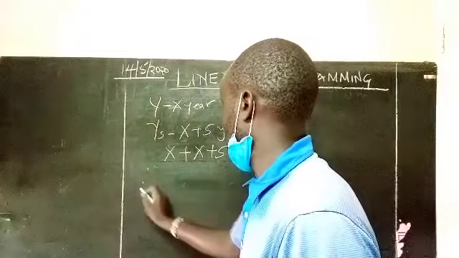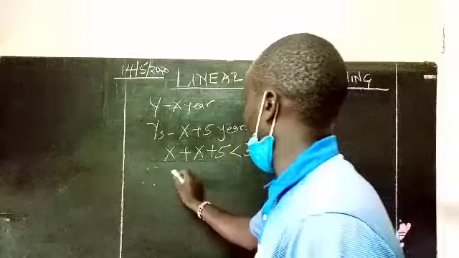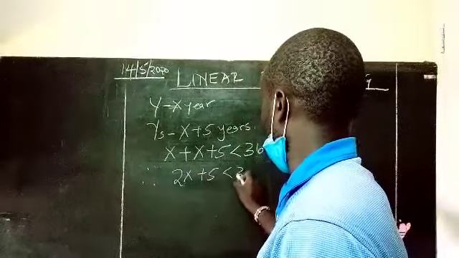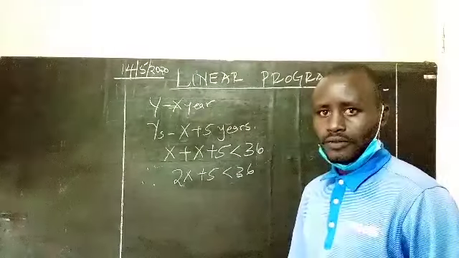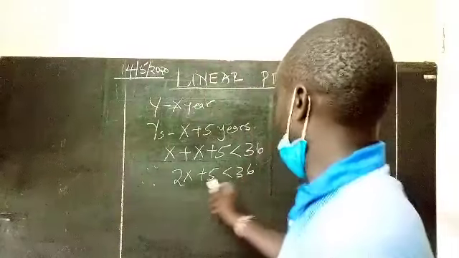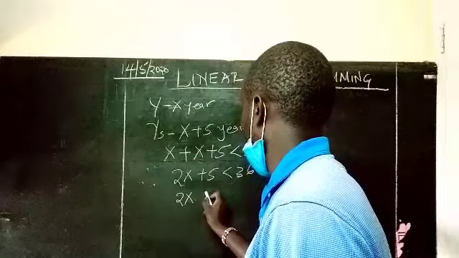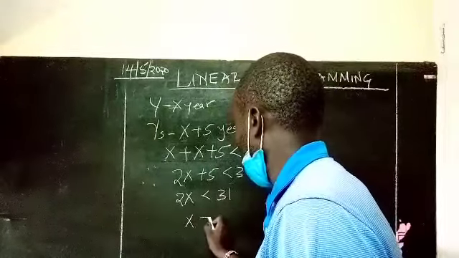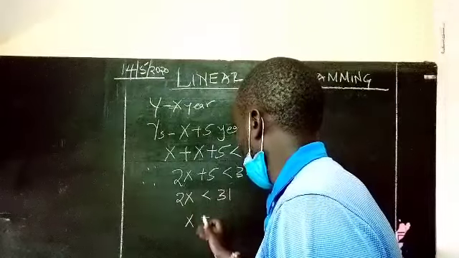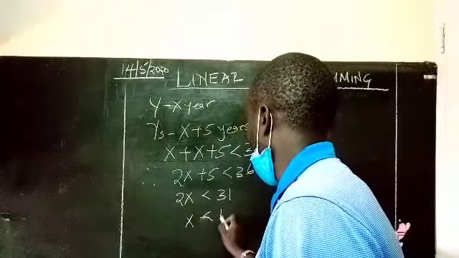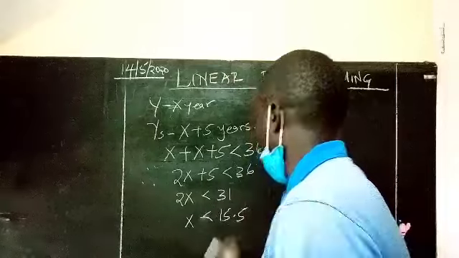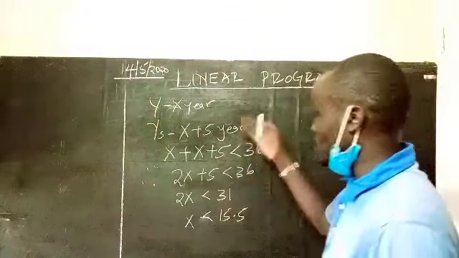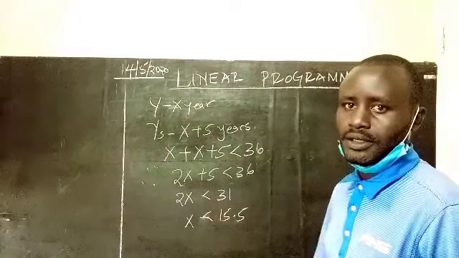Therefore, this is going to give us 2x plus 5 is less than 36. And for this case, we are going to have 2x is less than 31, meaning our x is going to be less than 15.5 years.